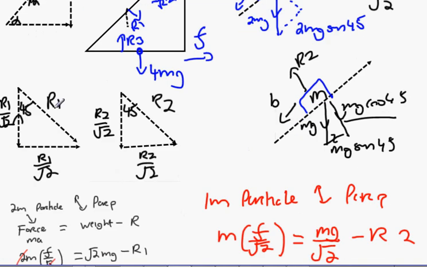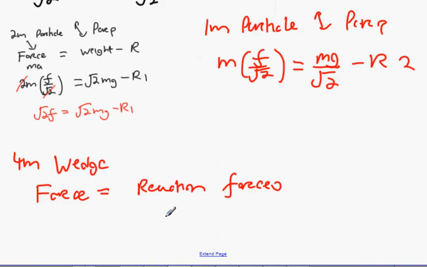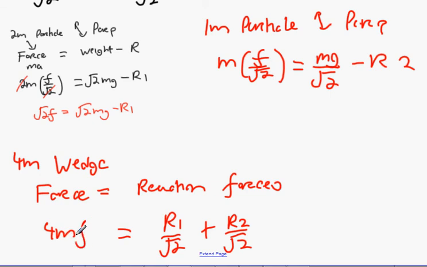We broke up R1 and R2 into its components, driving it to the right, and that's the components that are going to be in the acceleration. So it's going to be R1 over root 2 plus R2 over root 2, and that will equal 4mF. Mass by acceleration.